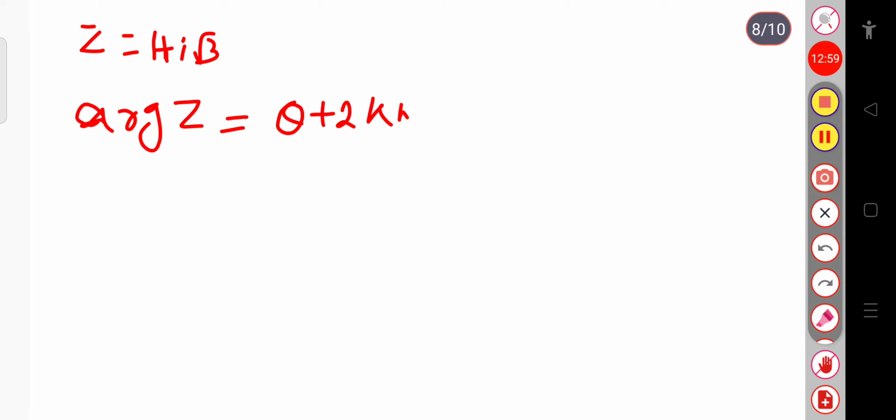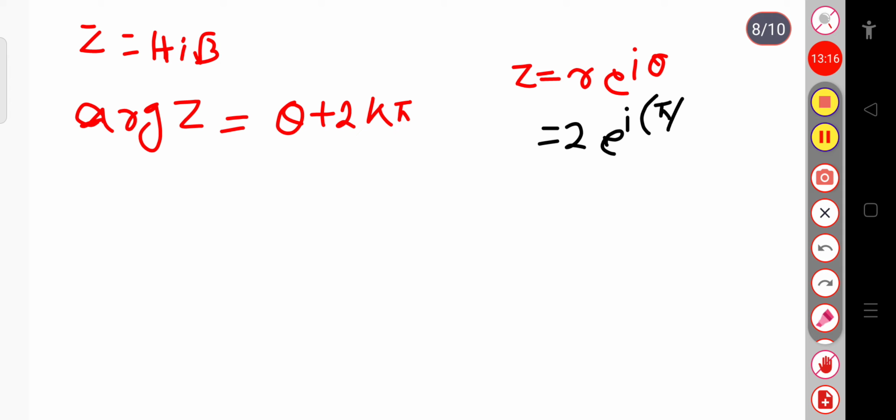So, from the previous relation, that is in the polar form, we have calculated z equal to r exponential iota theta, that is r value is 2 and this will be exponential iota, theta value is pi by 3, and also we can add 2k pi, because for this rotation of 2k pi the value remains same, with the value of k equal to 0, 1, 2 and so on.